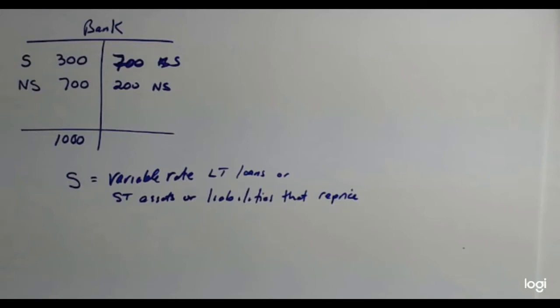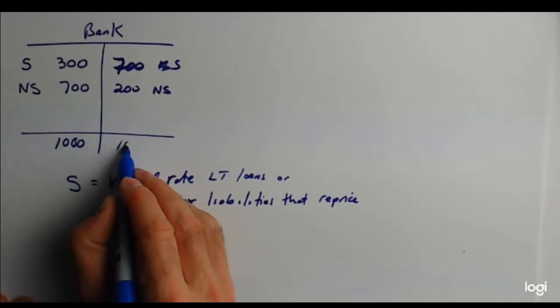Then short-term securities, short-term assets like treasury bills, for example, they mature very quickly. And so when interest rates change, you end up rolling over into a higher earning security, for example. If interest rates go up, you roll over into a higher rate; if interest rates go down, you end up rolling over into a lower interest rate security. And so interest income varies with changes in interest rates in the general market.